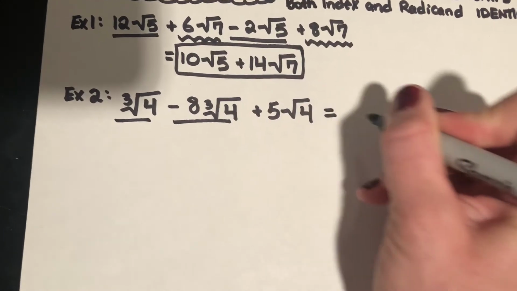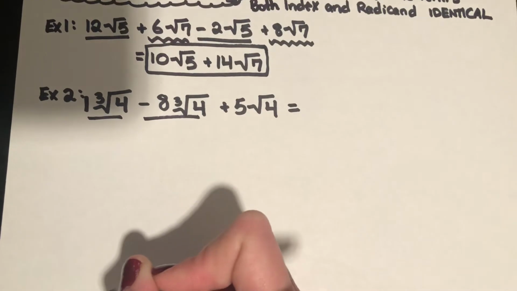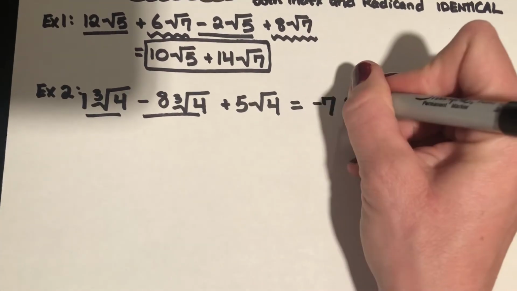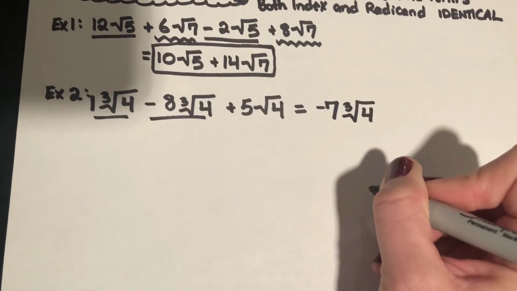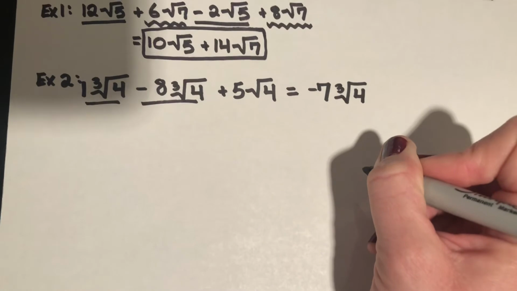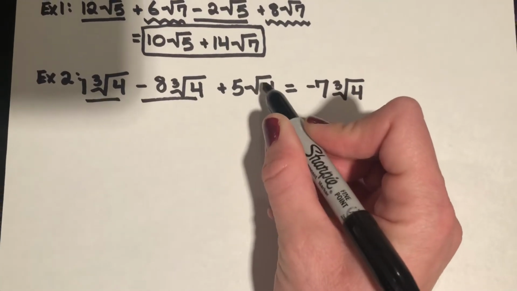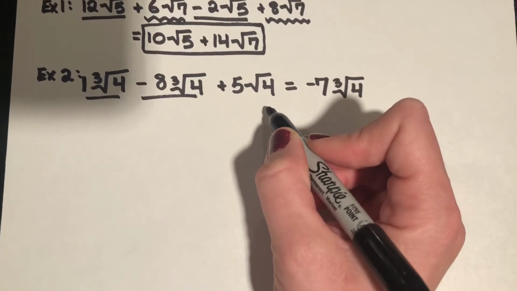So let's actually add that. I'm going to go cubed root of 4. Now there's an invisible 1 here, so we are working with 1 minus 8, which is a negative 7, and a cubed root of 4. That does not simplify anymore. Now, this one is a little bit different because the square root of 4 does exist. The square root of 4 is 2.